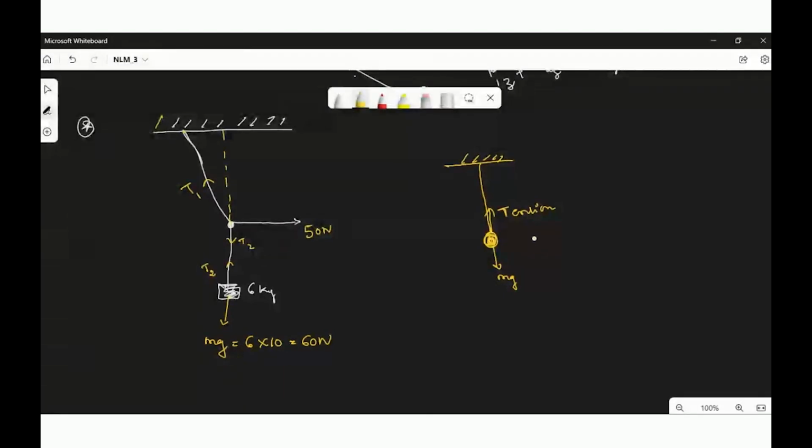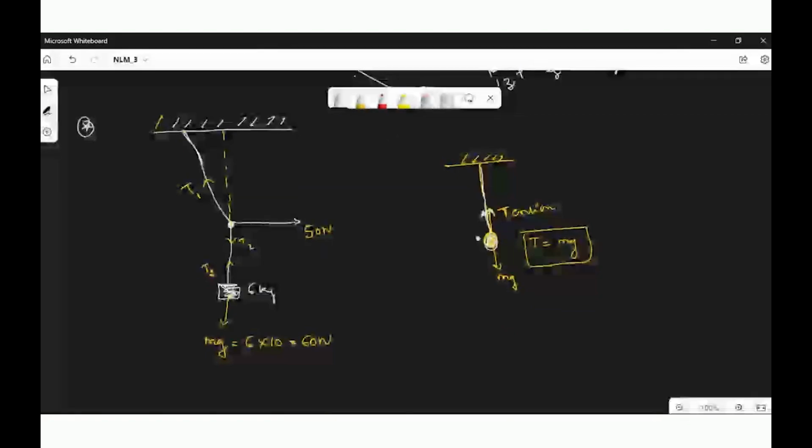In the simplest case, tension is equal to M into G. Otherwise, because of the unbalanced force, the object would definitely go down. Someone should hold it, or else it would not stay. This tension depends on the material the wire is made of.